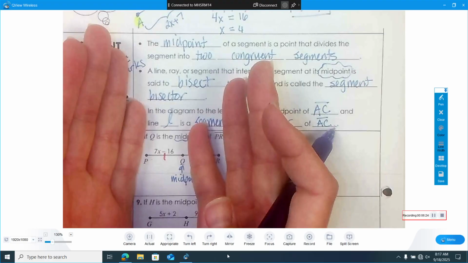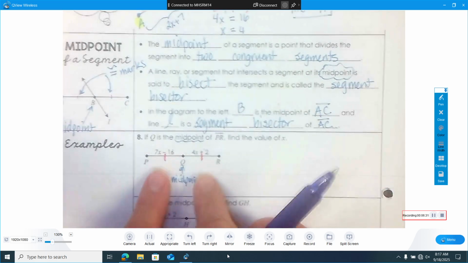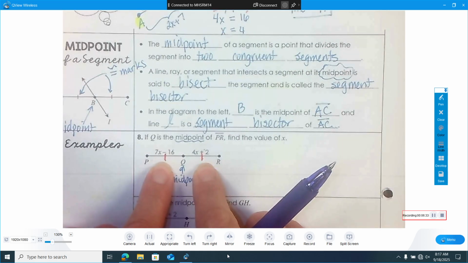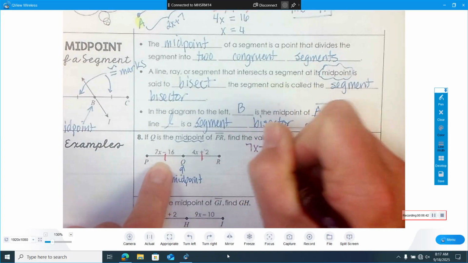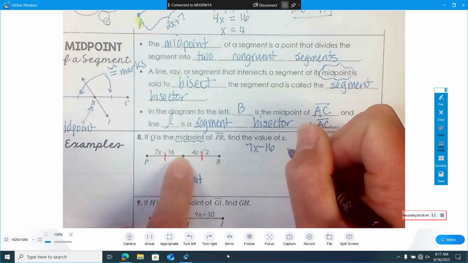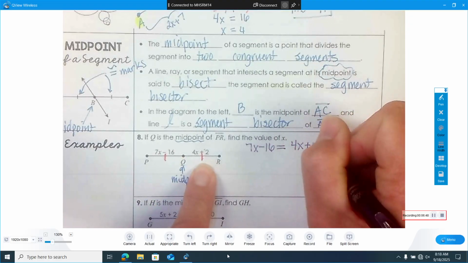Very good. We would say that they're equal to each other. But this one isn't 15. But these two segments are still equal to each other. So what equation can we write? Yes, 7x minus 16 is equal to 4x plus 2.